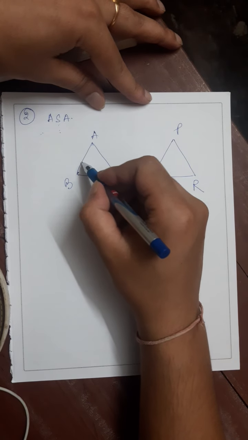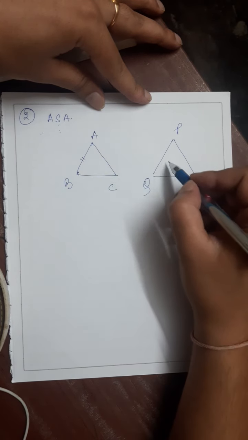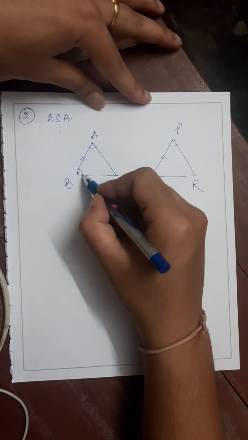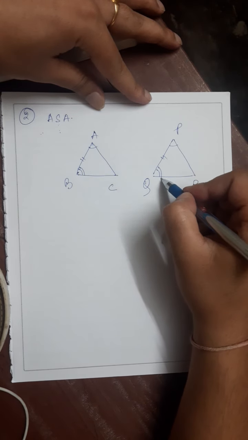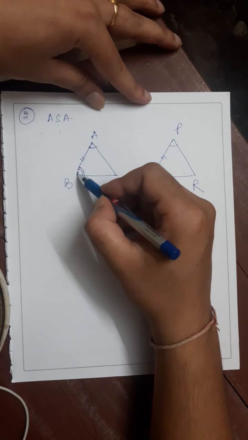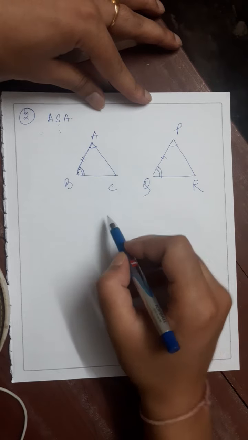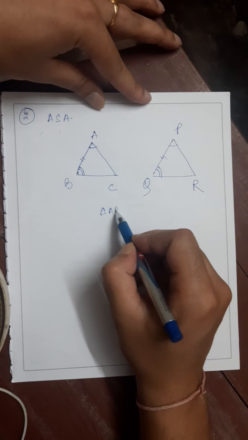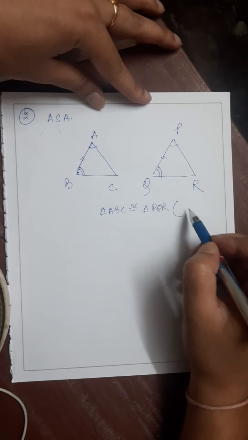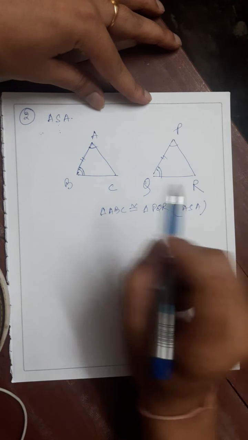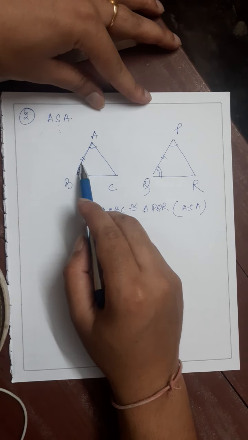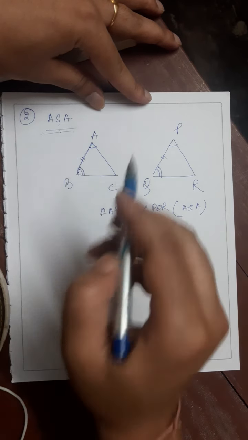So if AB is equal to PQ, angle A is equal to angle P, and angle B is equal to angle Q, let's see, in between two angles there is a side AB. So this will be triangle ABC is congruent to triangle PQR by angle side angle. So angle then side then angle. Between two angles there has to be a side, then only we can say angle side angle.